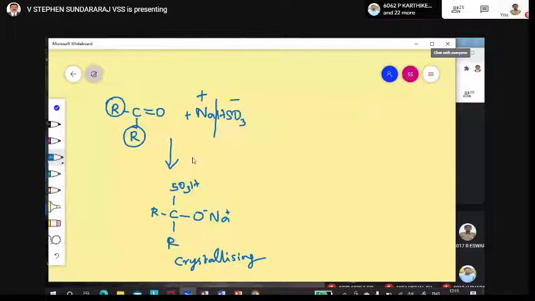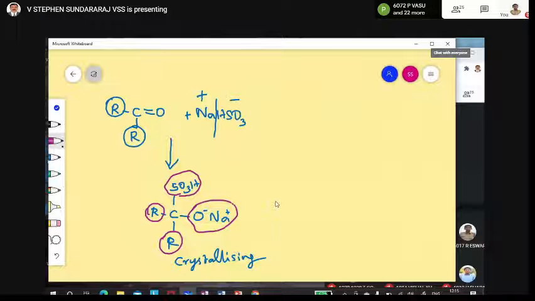See why we are talking about steric factors. Here it is a tetrahedral sp3 carbon, but all bulky groups. So due to steric factor, this product formation will be very less favorable. Okay, it will form, but not much.